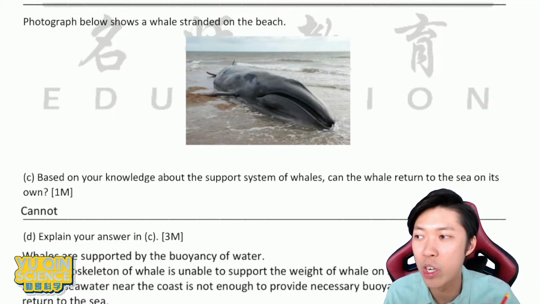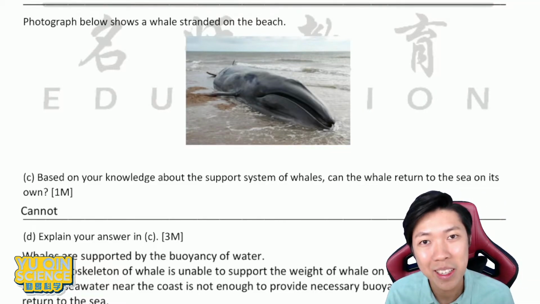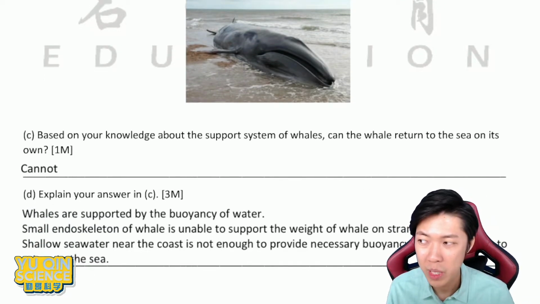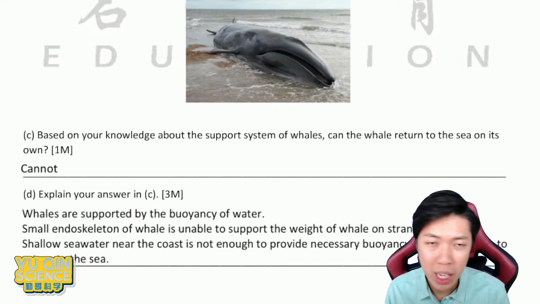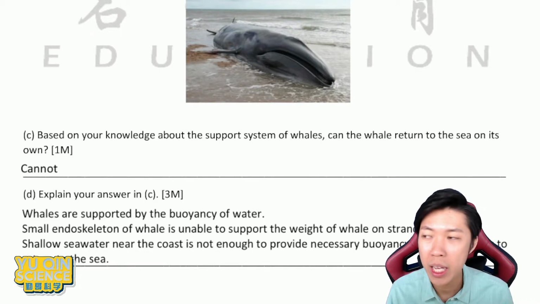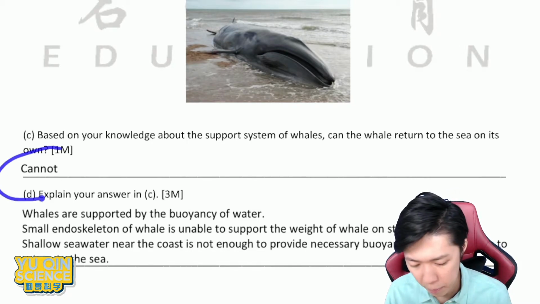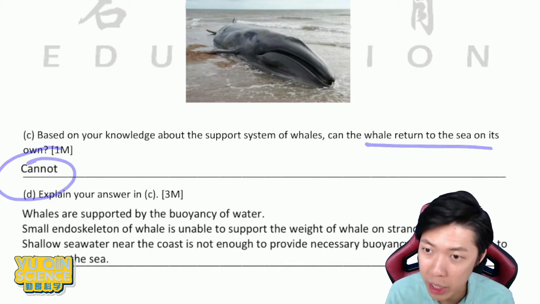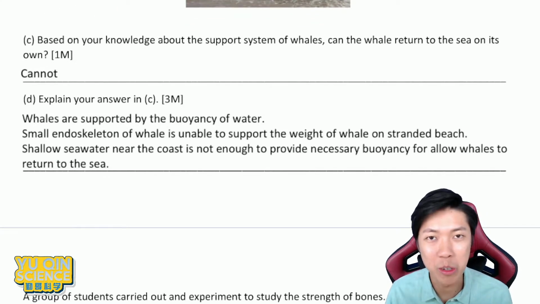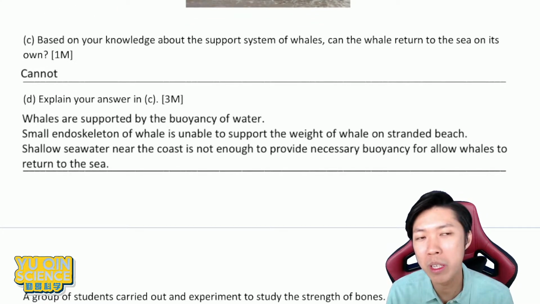So that actually causes them to die. Okay, that's very sad. If they are washed ashore, it is very dangerous, they cannot go back, they are too heavy. Okay, there's no way that the whale can return. So no, cannot. But we have to explain why cannot. There you go, 3 marks. Always a 3 marks question.